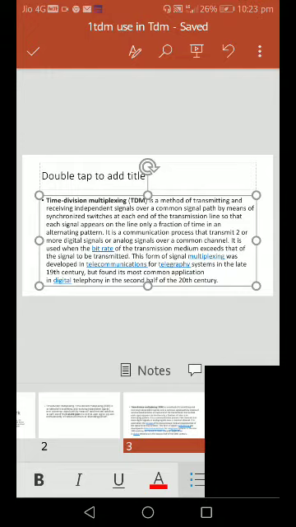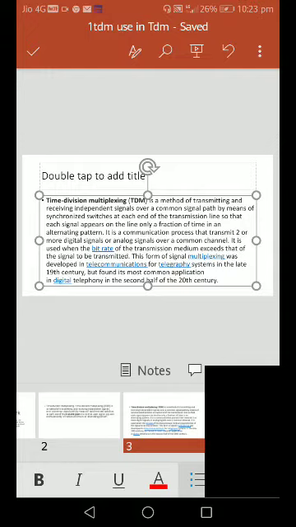Nowadays various companies are transmitting information like voice signals and also non-voice signals.